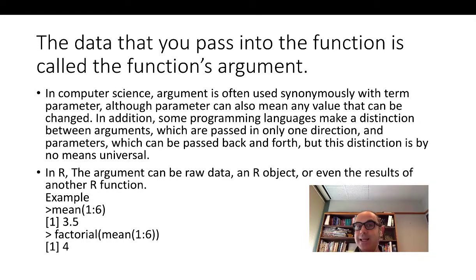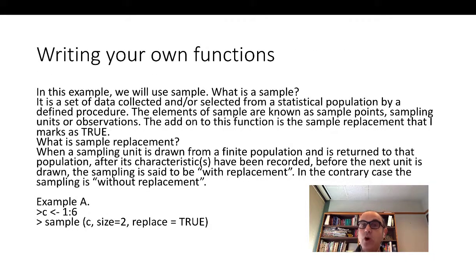The data that you pass into the function is called a function argument, as I said last time. So the mean or any other function can be repeated inside a function that you yourself are going to write. You can write your own functions, and this is the beauty of it. It's not that I'm teaching you how to write a function; you can create your own function.